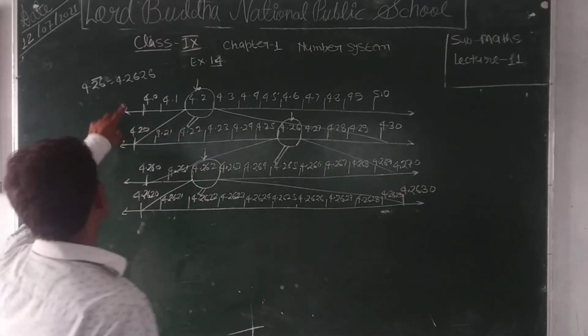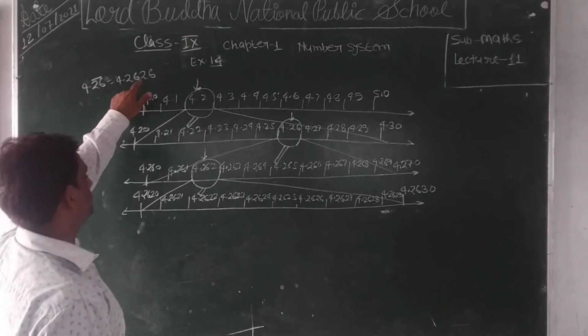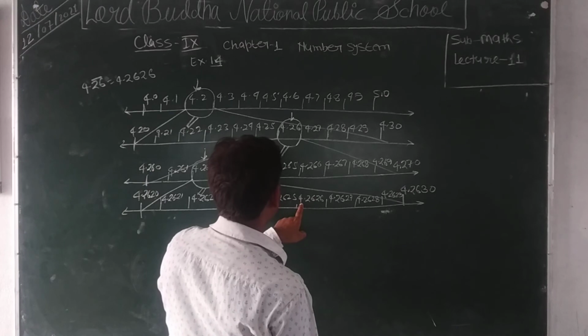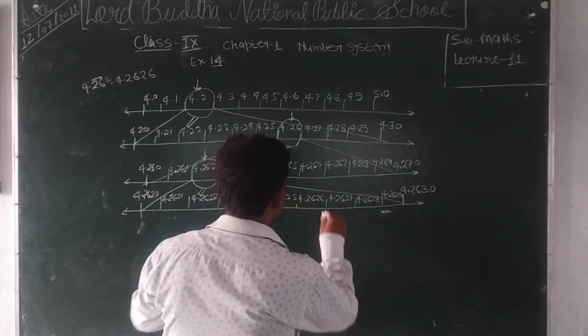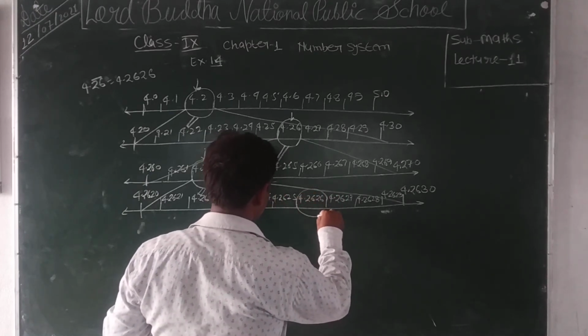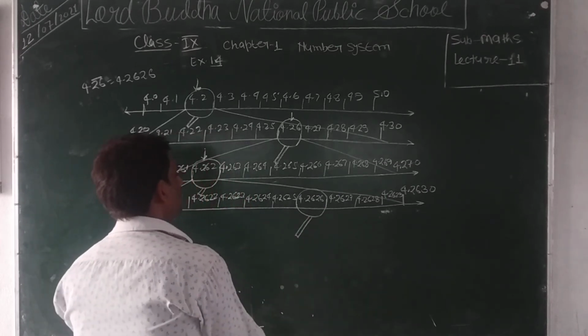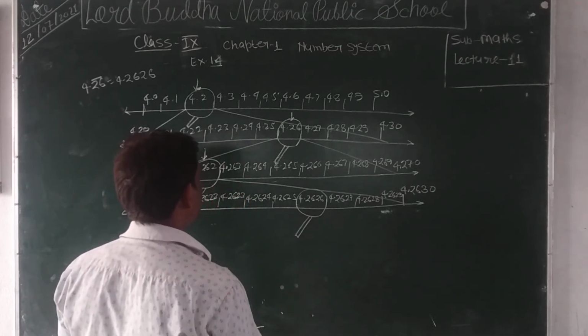We have to visualize 4.2626. Hence, we find 4.2626 here. Clear? In this way, we visualize 4.2626 on the number line.